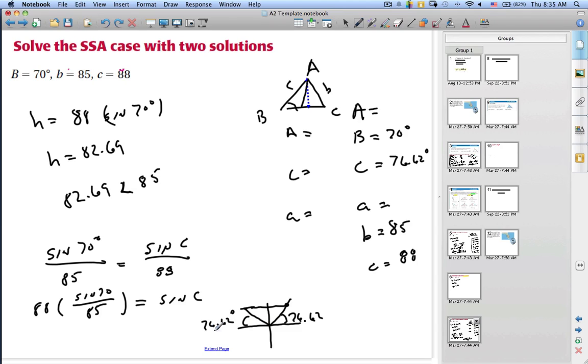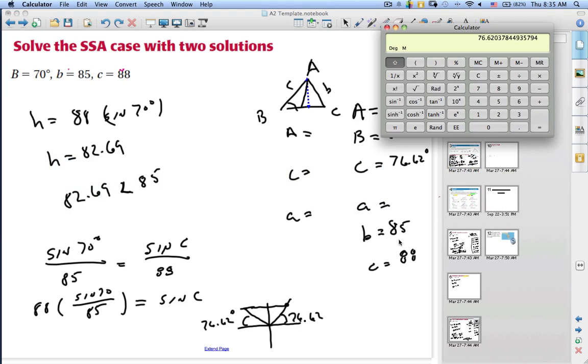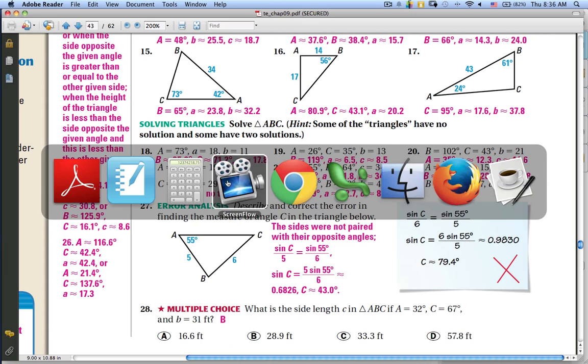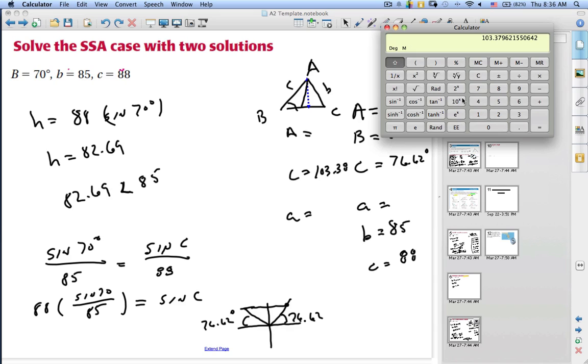Okay, so if I take 180 minus 76.62, I get 103.38. Okay, let me write that down really quick. 103.38. And you'll see if we go back and we take the sine of this, we get the same sine that we had before when we solved.